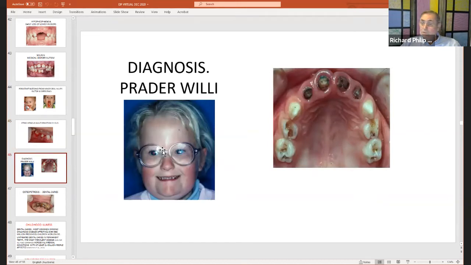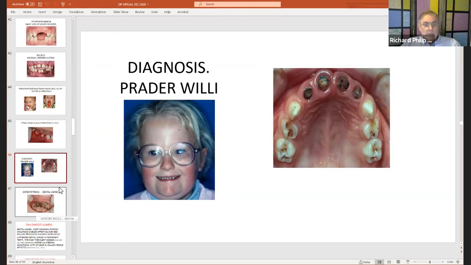But more importantly, as you'll see from the following presenters, is children with special needs and the importance of recognizing their oral health needs. Prior to Willie, a child presenting like this, it's so disappointing to me. Someone who needs care presents way down the track as a 4 or 5-year-old with really bad oral health. It is astounding.